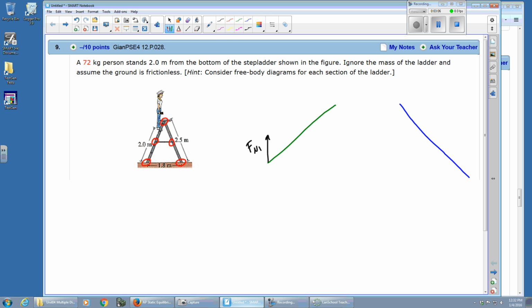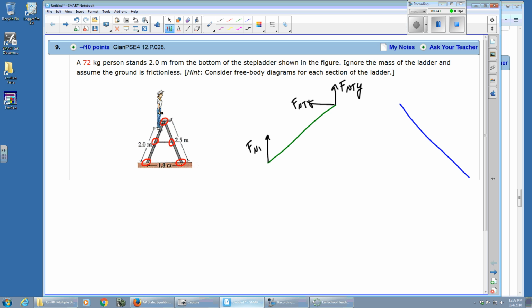At the top, because I'm picturing these two pushing against each other at the top, I'm going to say force normal top, and I'm going to guess there's a force normal top y. We'll call this x.